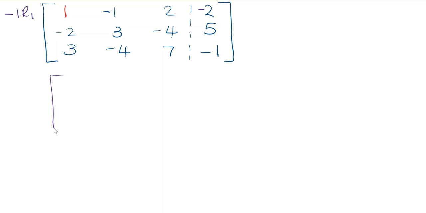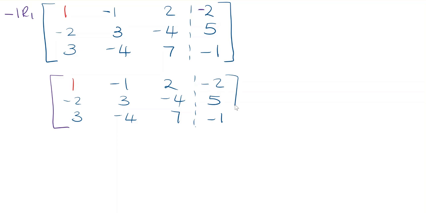Just to rewrite out my matrix again: I have my 1, -1, 2, -2, 3, -4, -4, 7, and -2, 5, and -1.